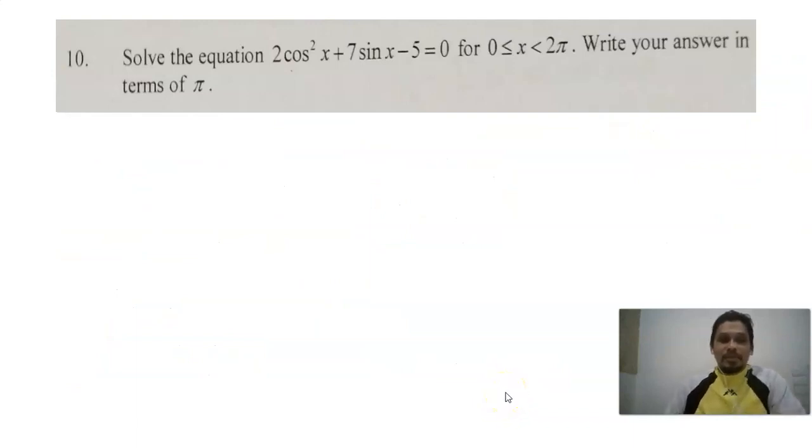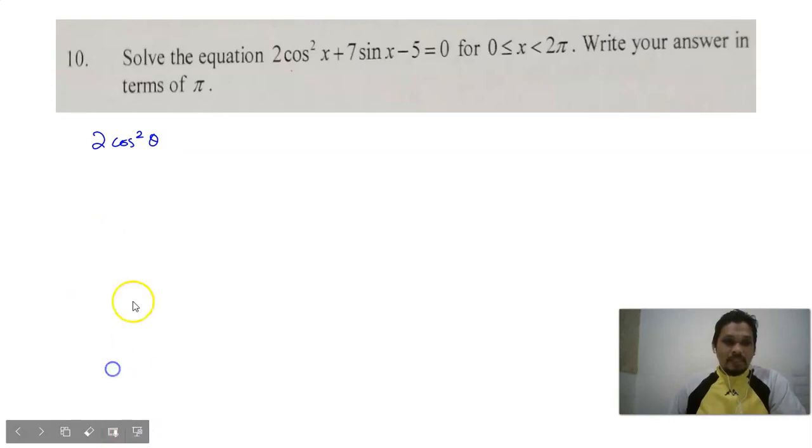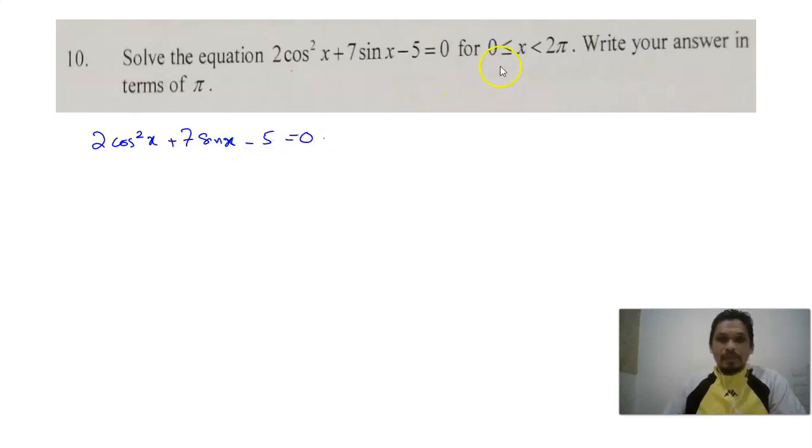Now solve the equation 2 cos squared x plus 7 sine x minus 5 equal to 0, where x lies between 0 up to 2 pi or 180 degree, and write the answer in terms of pi.